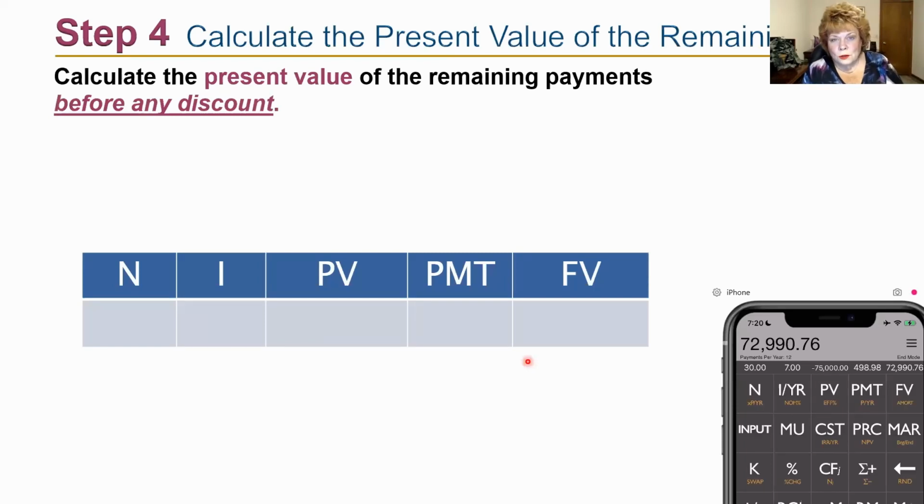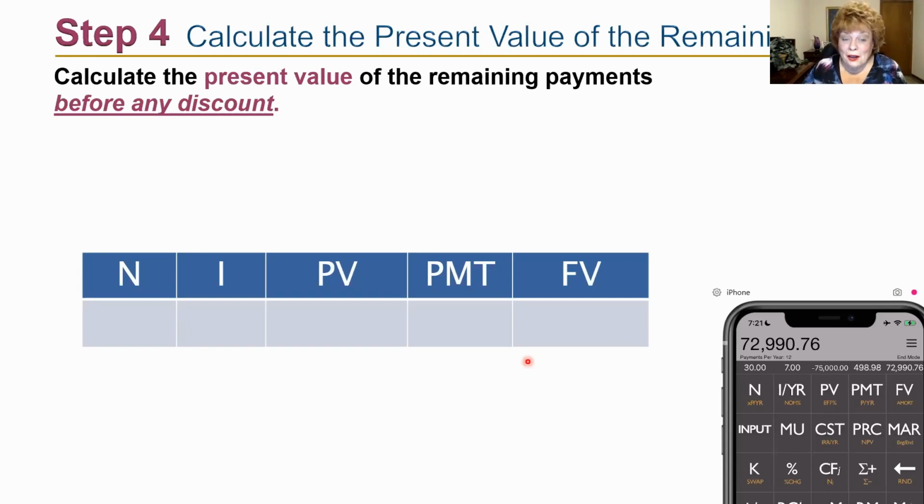Basically, what we want to do is calculate the present value of the remaining payments that we're going to buy. Doesn't that sound like some highfalutin thing? It's not that big of a deal. What is the present value? It's the current balance. The present value of a loan is whatever's owed on it.